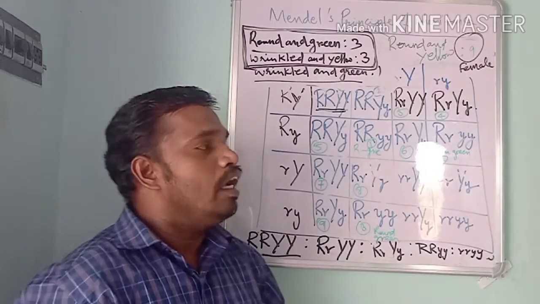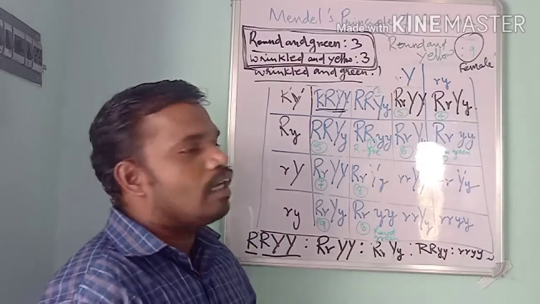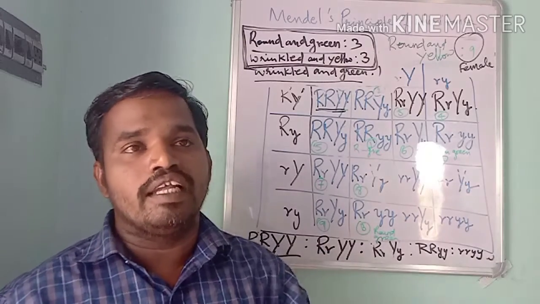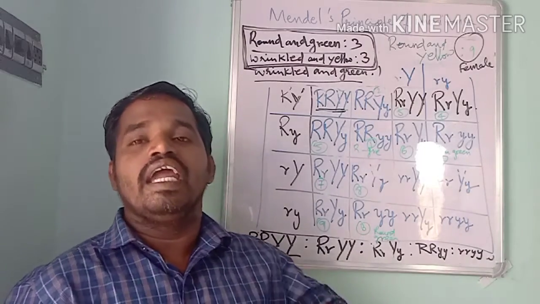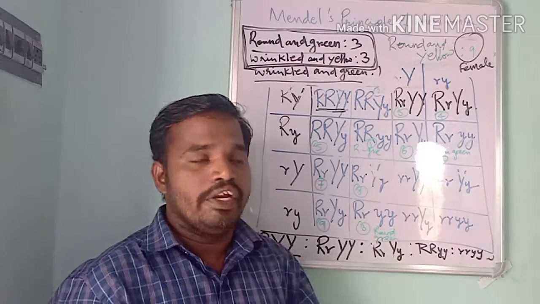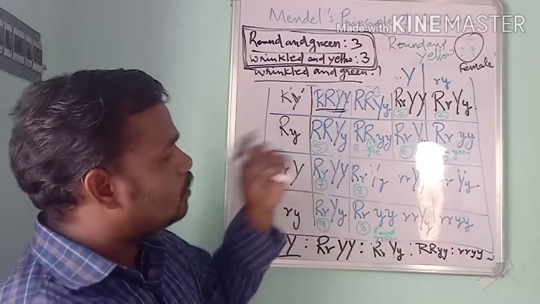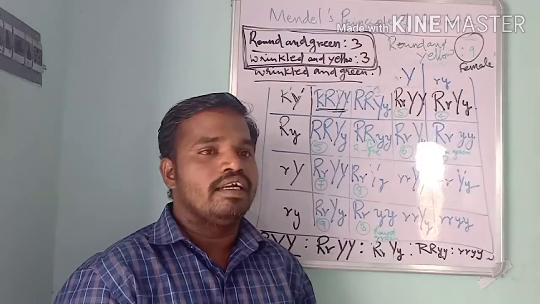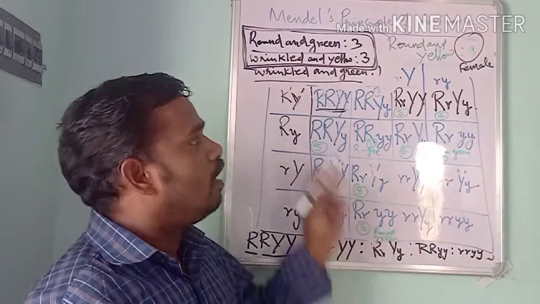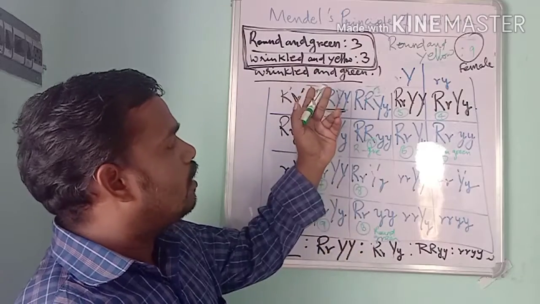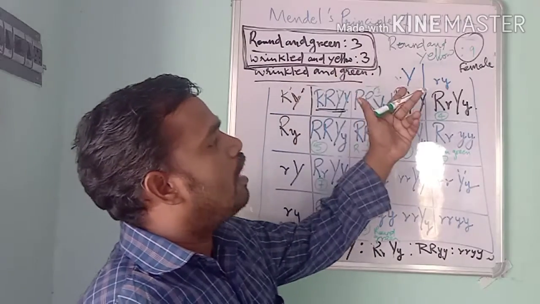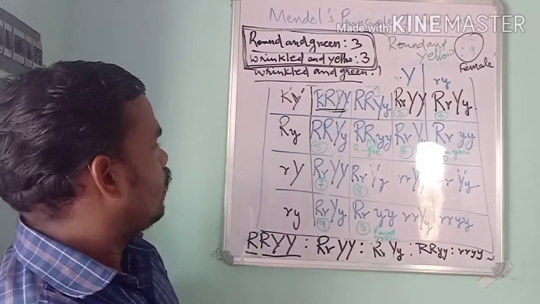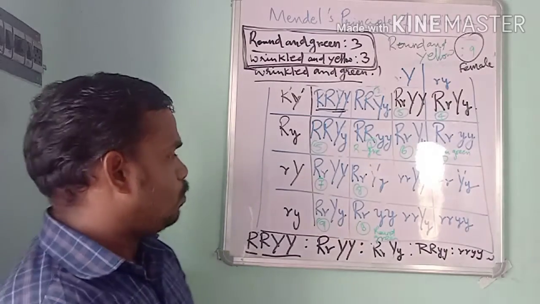So thereby Mendel concluded that one trait is independent of the another trait and expresses independently. So that's why he brought the law called the law of independent assortment. One trait is independent of another trait and expresses equally in the F2 progeny.